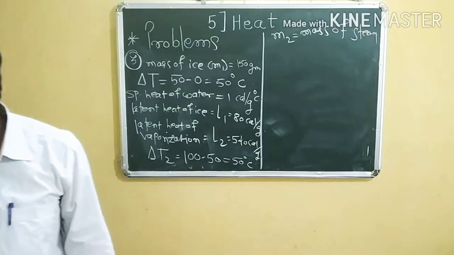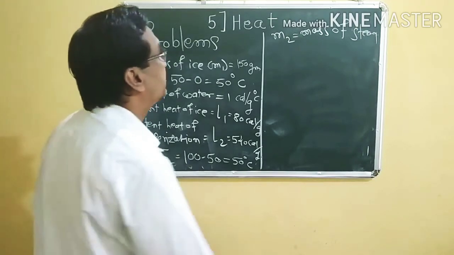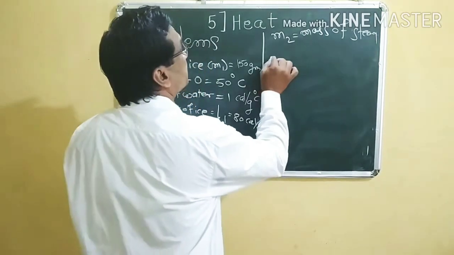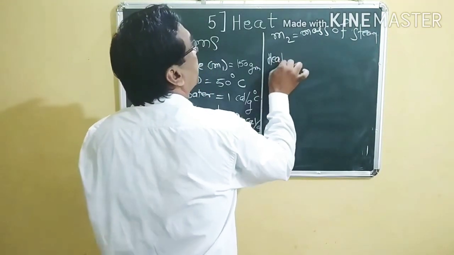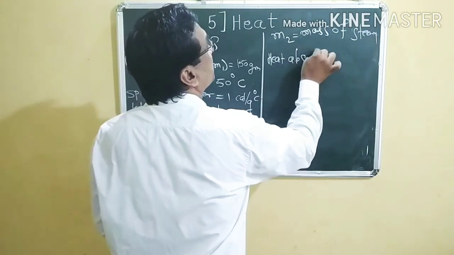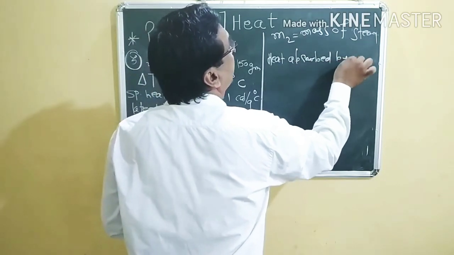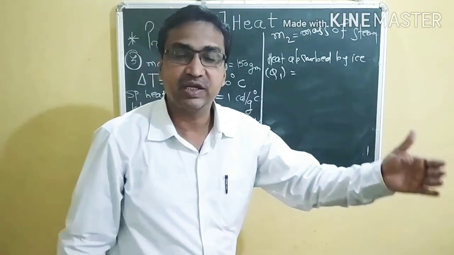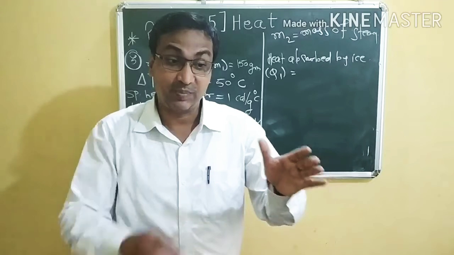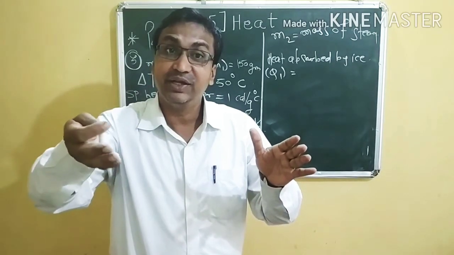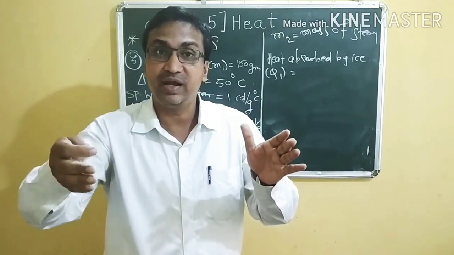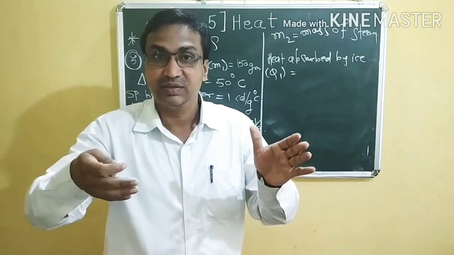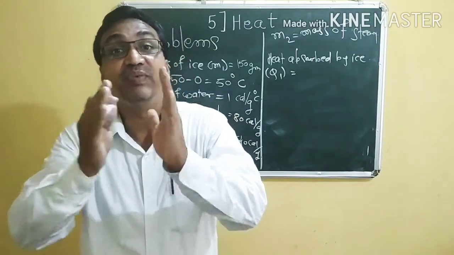So what you have to do: heat absorbed by the ice first. Heat absorbed by ice, that is Q1. First the ice is converted into water, and after taking heat energy its temperature rises to 50 degrees Celsius.